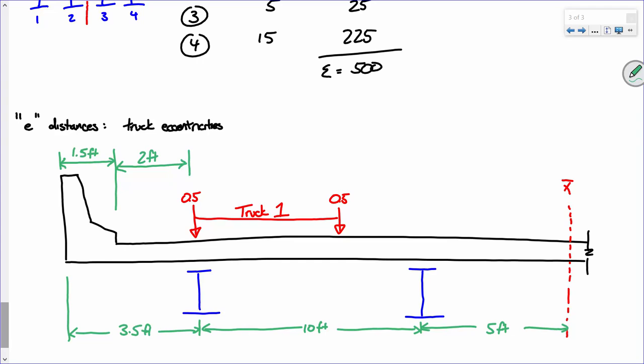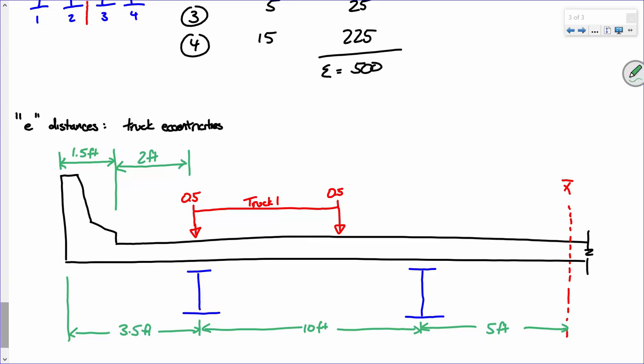Now, would you believe me if I said that I've got this truck right here, 0.5 and 0.5, where this dimension here, I'm going to scoot this up a little bit. Bear with me. So this is 0.5. This is truck 1.